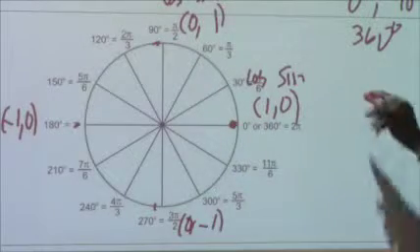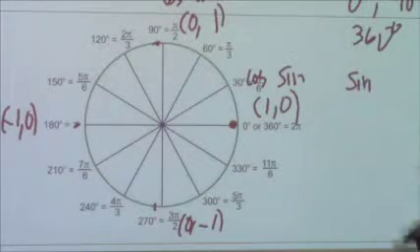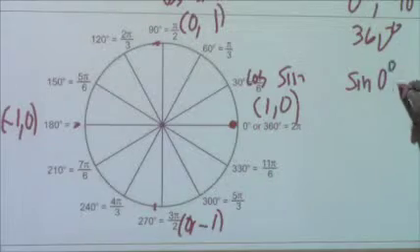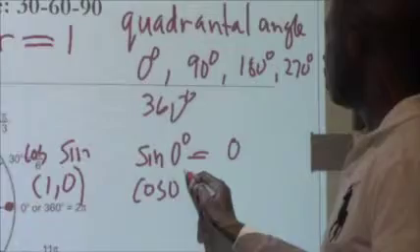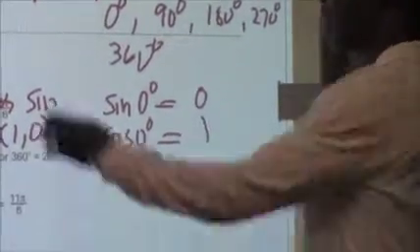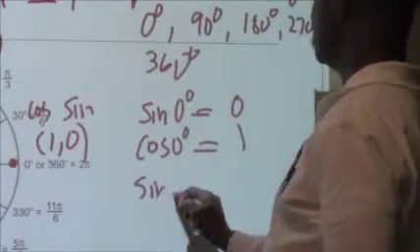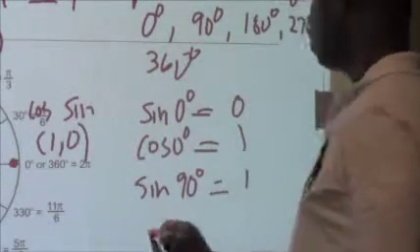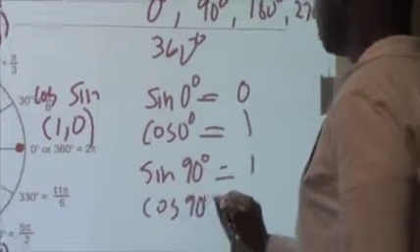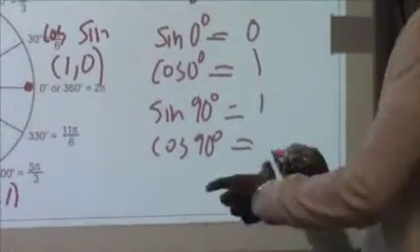We can go around. So basically, I can say that the sine of 0 degrees will be equal to 0. The cosine of 0 degrees is equal to 1. The sine of 90 degrees will be equal to 1, and the cosine of 90 degrees will be equal to 0.